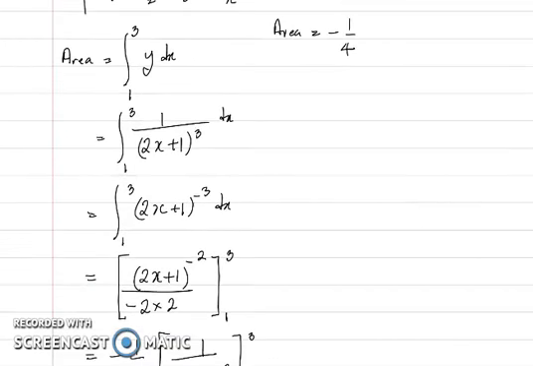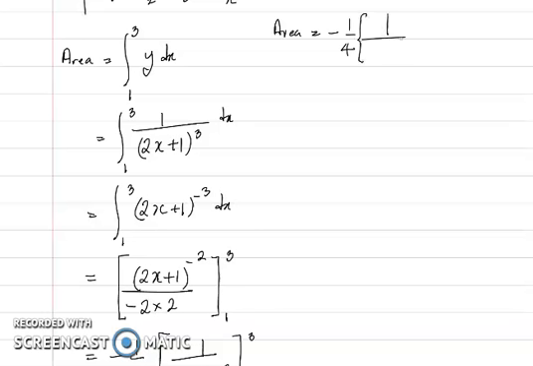So it's minus a quarter, and you're going to have 1 over (2 times 3 plus 1) squared. You replace x with 3, minus replace x with 1, so it's 1 over (2 times 1 plus 1) squared.